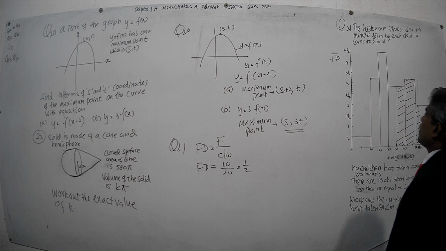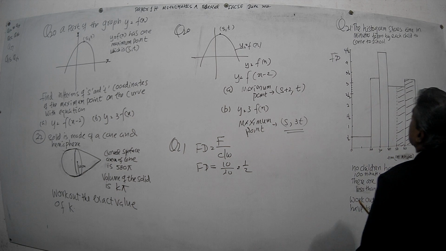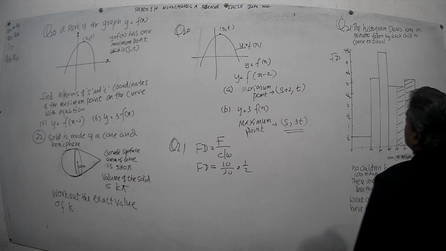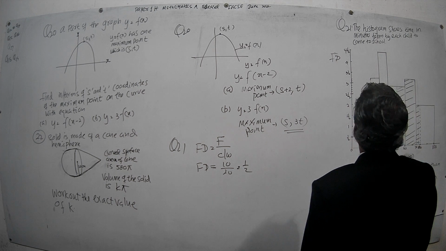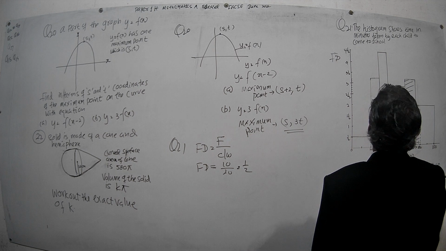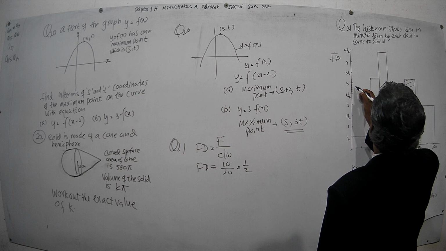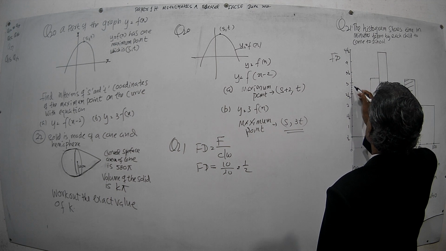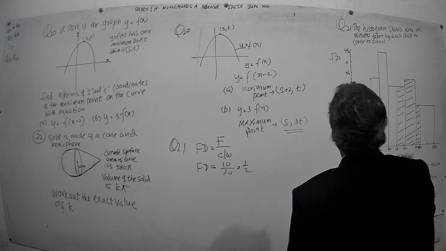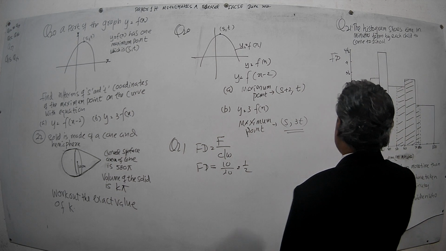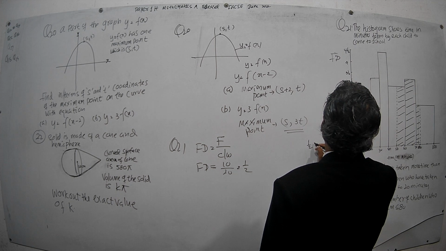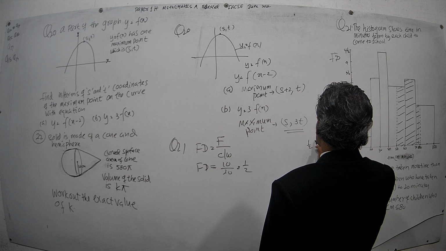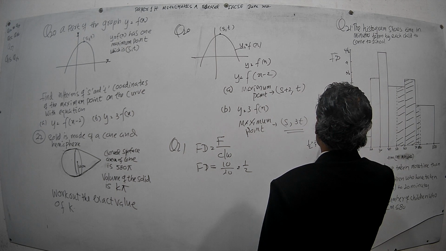Then how much will the height be here? Here 1, 2, 3, 4. That means here it is half divided by 5, that means multiplied by 1 over 10.